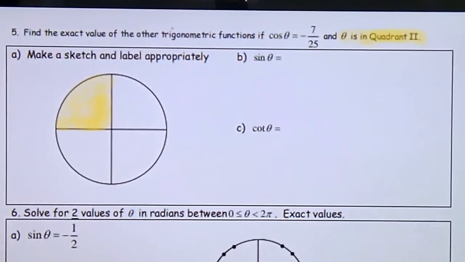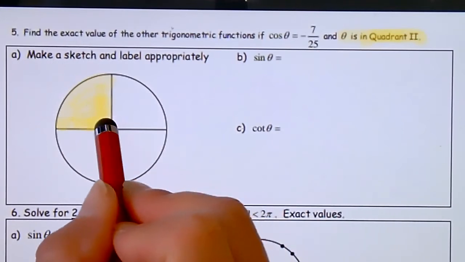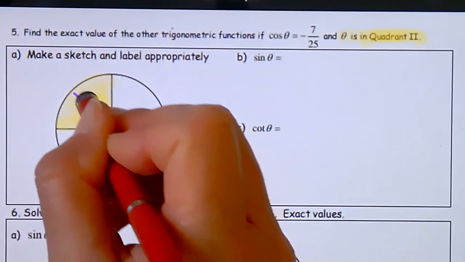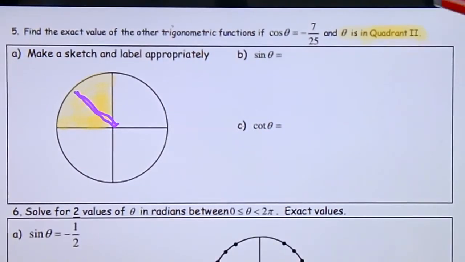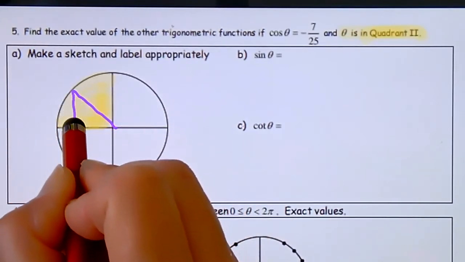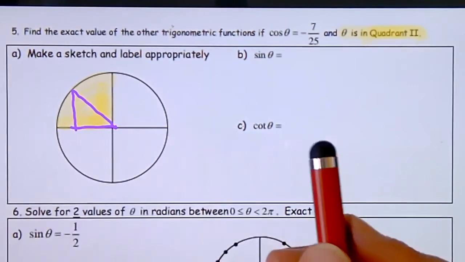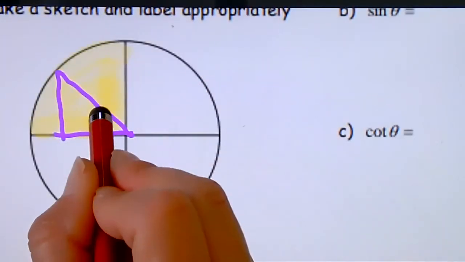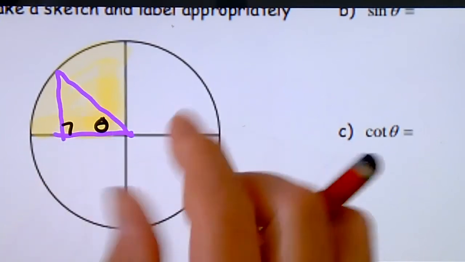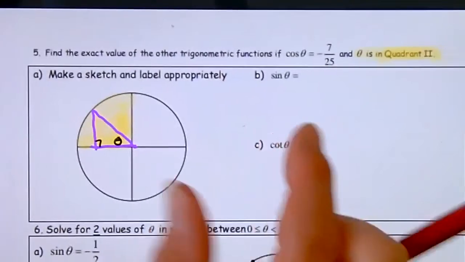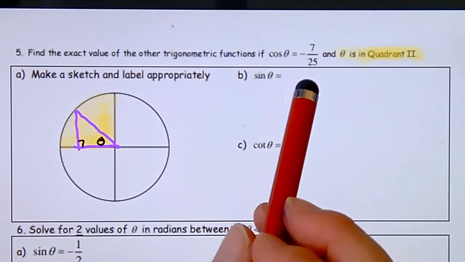Now I'm going to draw my right triangle. I'm going to go out to a point, and I can come down because I want to see this triangle here. Let me just draw my theta in. This is where my theta ends. This is my right angle. And we know that our cosine is a negative 7/25.